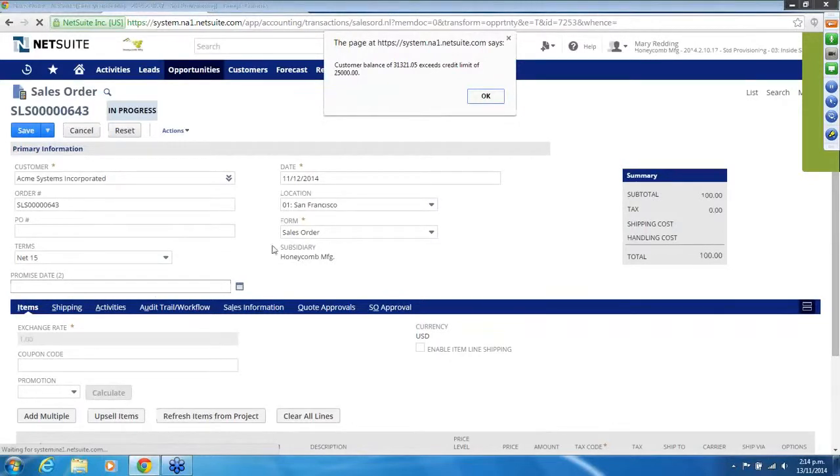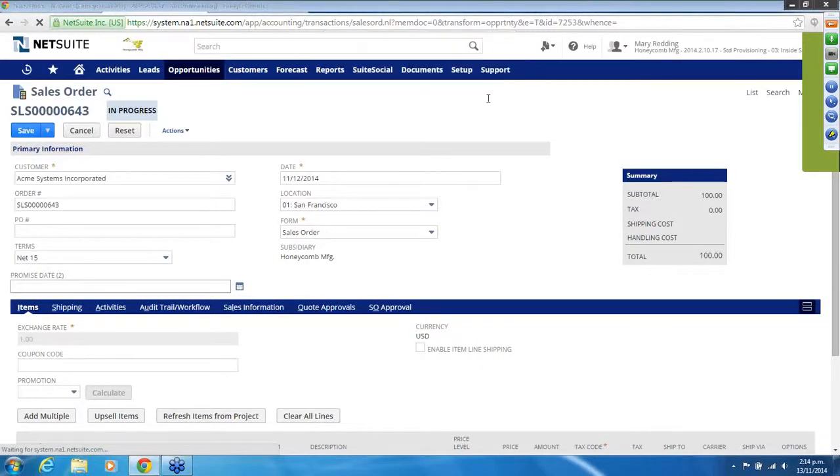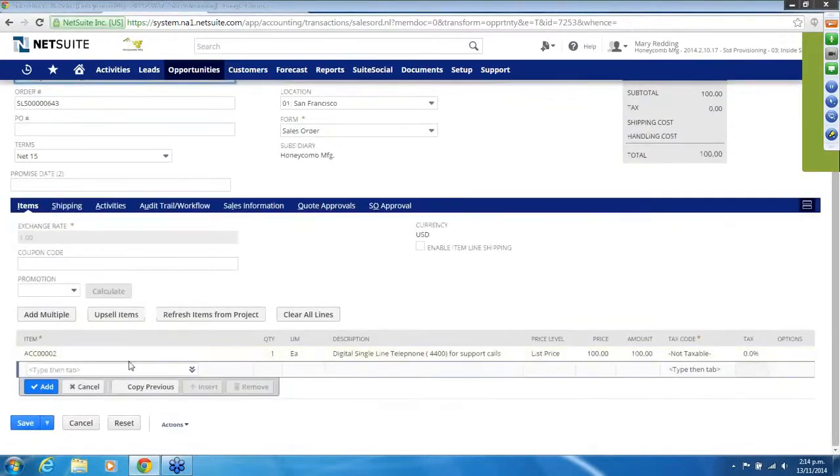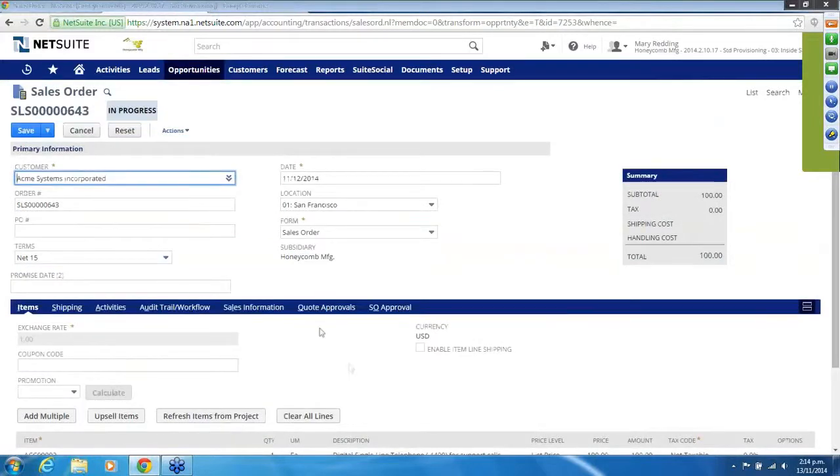So as I create the sales order, I'm being told that the customer has exceeded its credit limit, so there's the finance system coming into play, and as this is a demo environment, I can choose to work past that, but traditionally it would allow me as the salesperson to discuss with the customer their account position before we progress this sales order. It's pulled across the items from the opportunity, so I don't need to re-key anything, and I can go ahead and save that sales order.